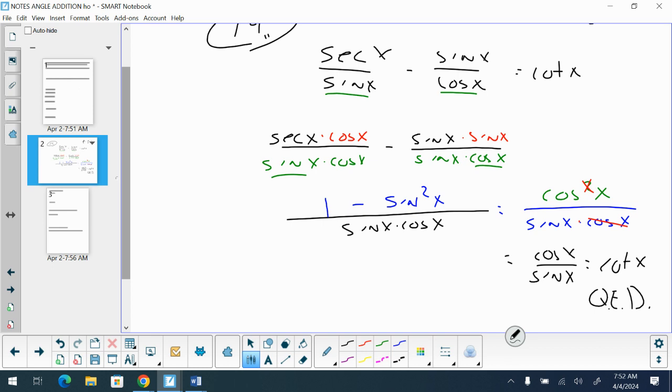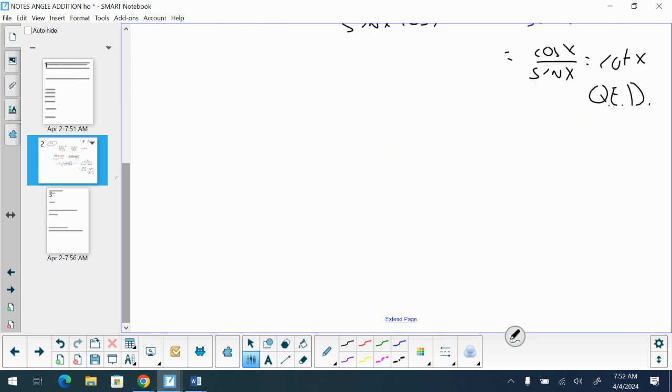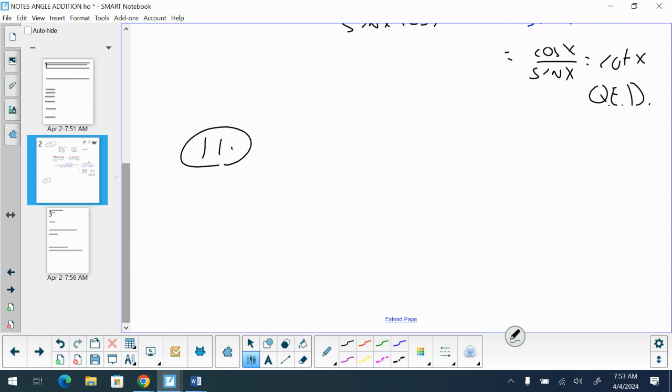Well, let's take a look at 11 real quick. 11: cosine to the fourth t minus sine to the fourth t, and we want this to equal 1 minus 2 sine squared t.